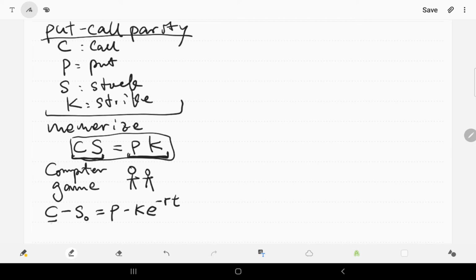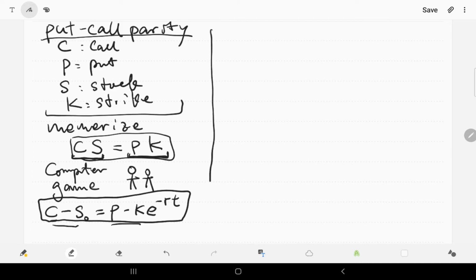So this becomes our put-call parity. I memorize the formula as CS is equal to PK. It's a computer game, we need to PK with each other, and then I memorize this.